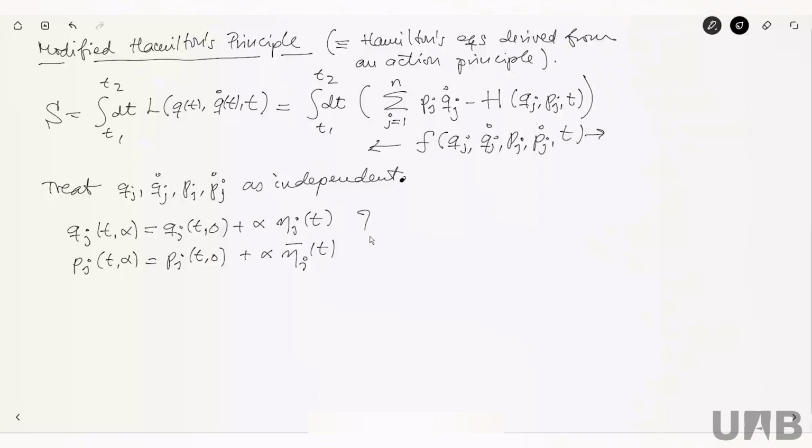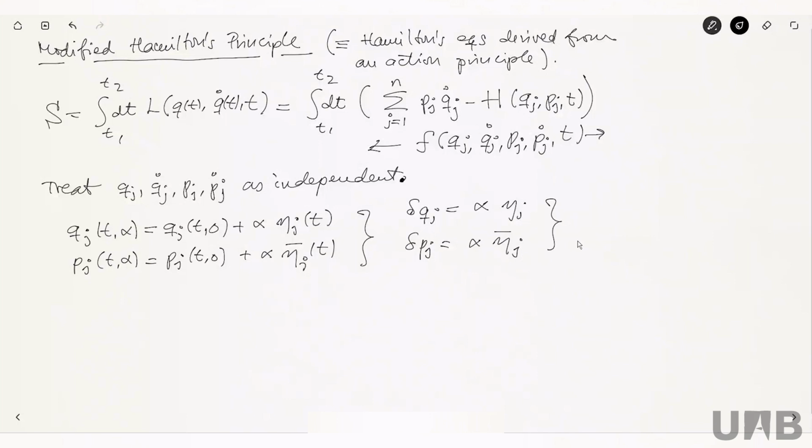Okay, so that means that the variations of the qj's are given by this parameter alpha, eta j, and the variations of the pj's are given by this parameter alpha and the eta bars, okay, of j.